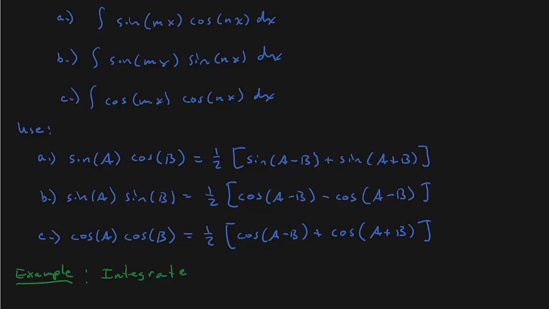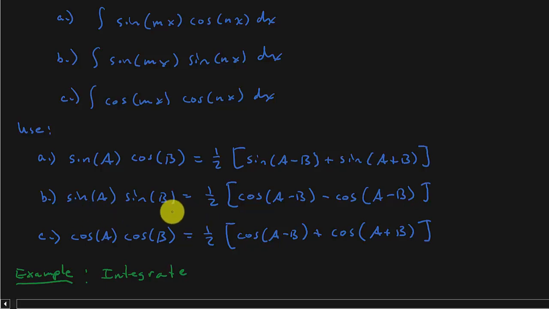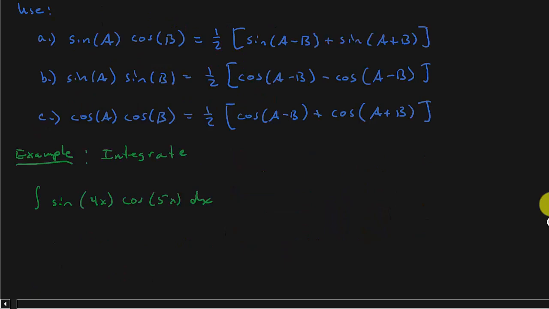I'm not going to go through and read the rest of them for you. I mean, you can read those. It's just the formulas. You're just changing them. And so let's look at our problem here. See how our angles are different? We got 4x, 5x. So let's apply this first formula here. We got sine, cosine, so we're going to use this.